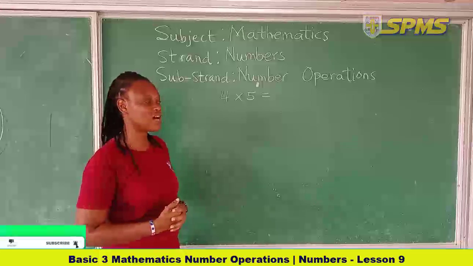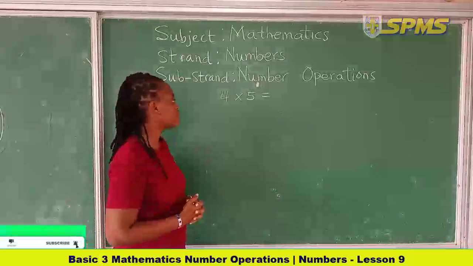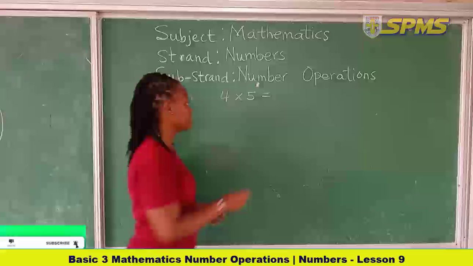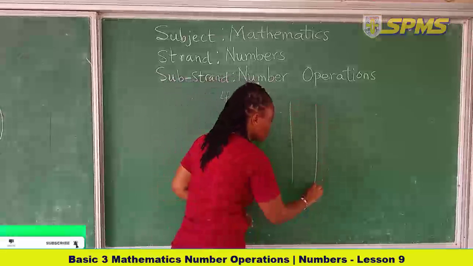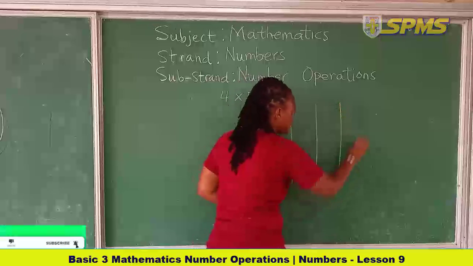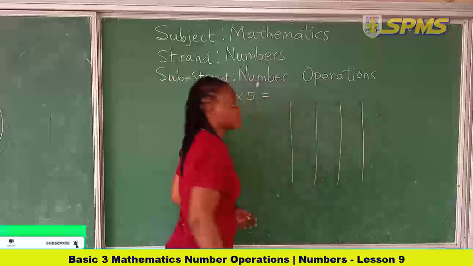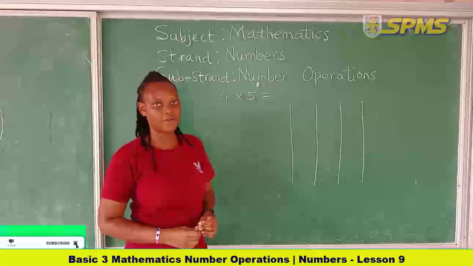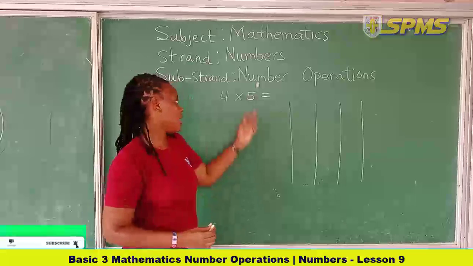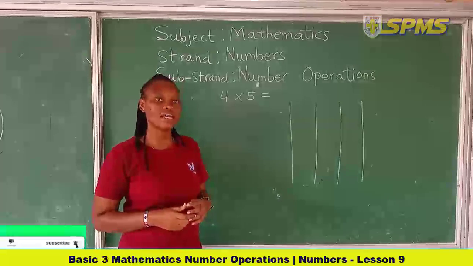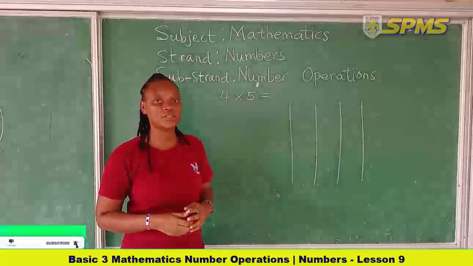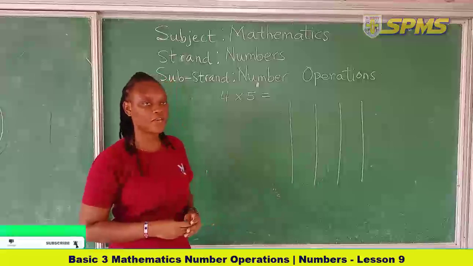So the first number takes the vertical, and then the second number takes the horizontal. How many vertical lines are we drawing? 4 of them. So upright, 1, 2, 3, 4. Very good. And next number, which is 5. How many horizontal lines are we drawing? 5 of them.